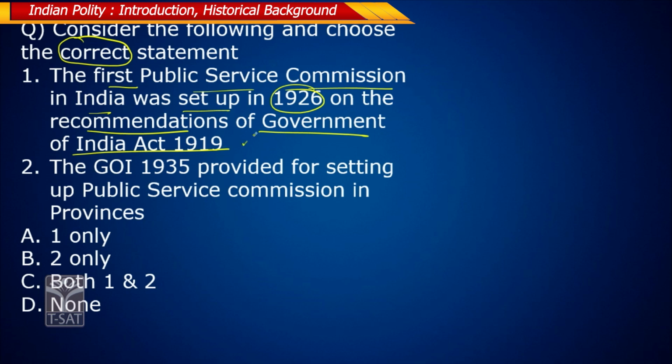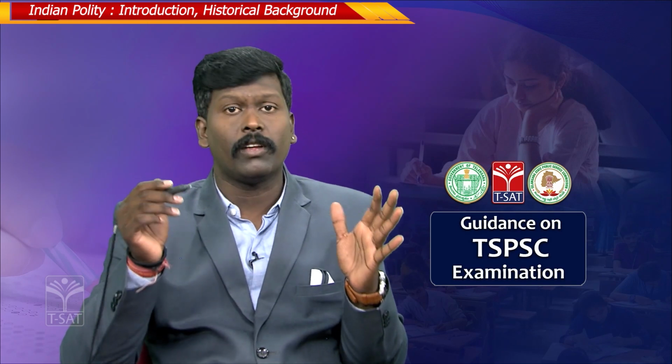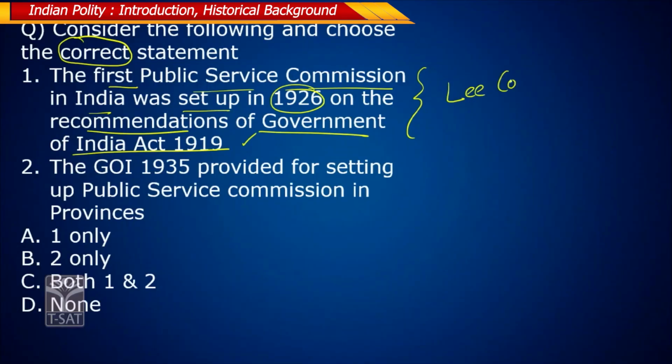See, Government of India Act 1919 recommended creating a Public Service Commission. So, as part of the 1919 Government of India Act, which is also called Montagu-Chelmsford reforms, a Public Service Commission was established in 1926 on the recommendations of Lee Commission.